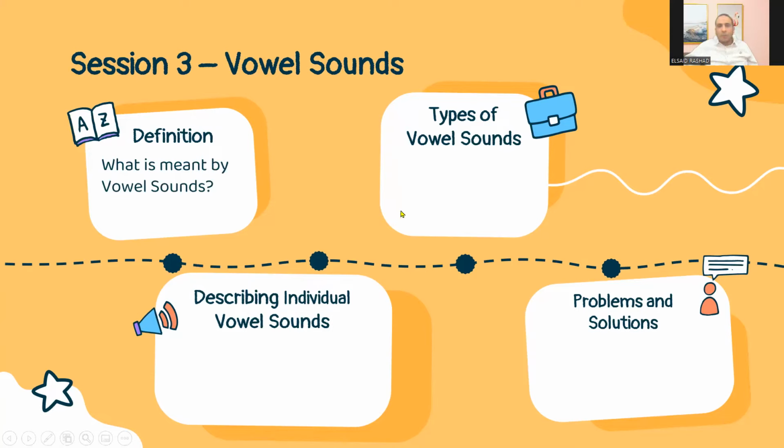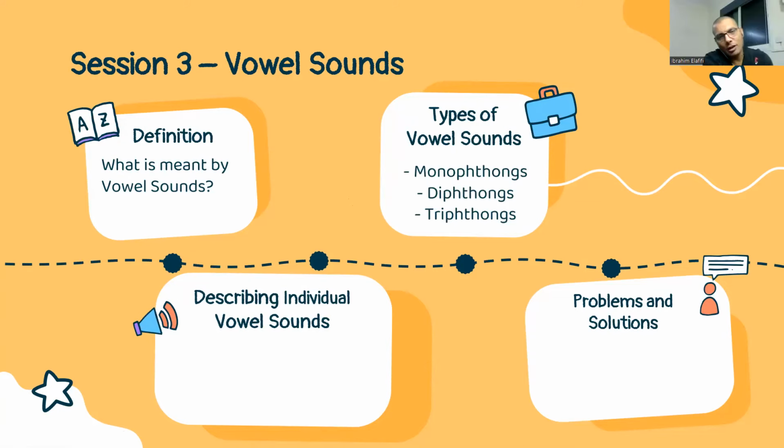Okay, so how many types of vowel sounds do you remember? Monophthongs, diphthongs, and triphthongs. How many monophthongs do we have?